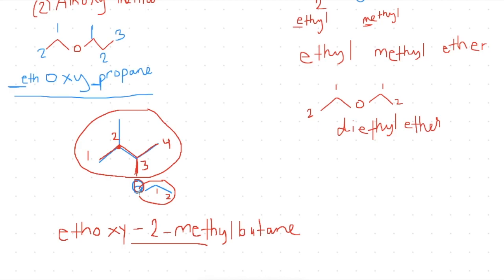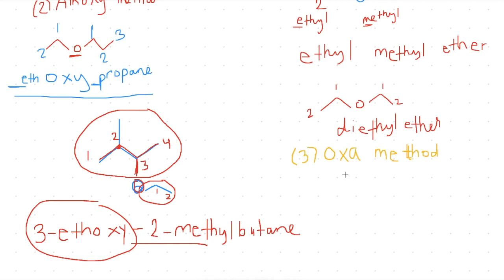Oxygen is kind of coming off as a substituent rather than just directly being in the chain like this one. So because of that, we are going to put a 3 in the beginning to denote that off of our butane chain, we have the 3-ethoxy kind of as a substituent coming out of it. So this entire chain would be named 3-ethoxy-2-methylbutane.